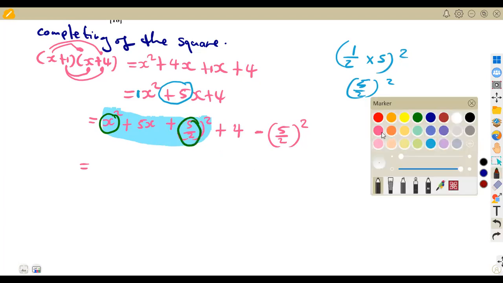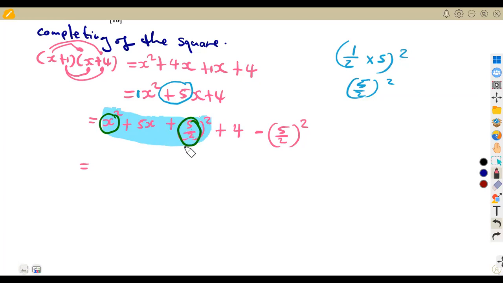That is why I was saying, do not simplify, leave it like that, so that you properly see the numbers that are being raised to the power of 2, which is x here, and here it's 5 over 2. You combine as it is, plus 5 over 2, everything squared. You have factorized that part.